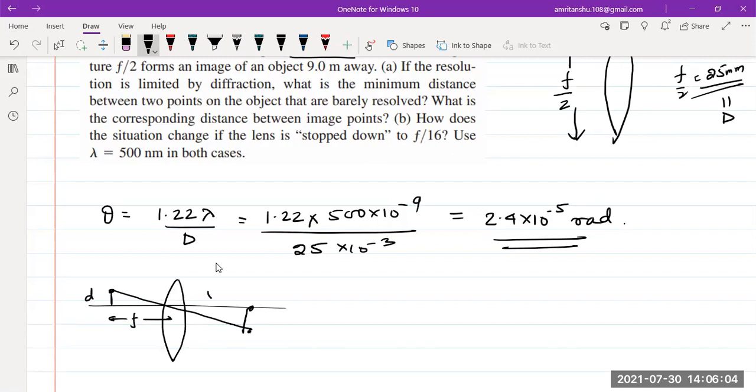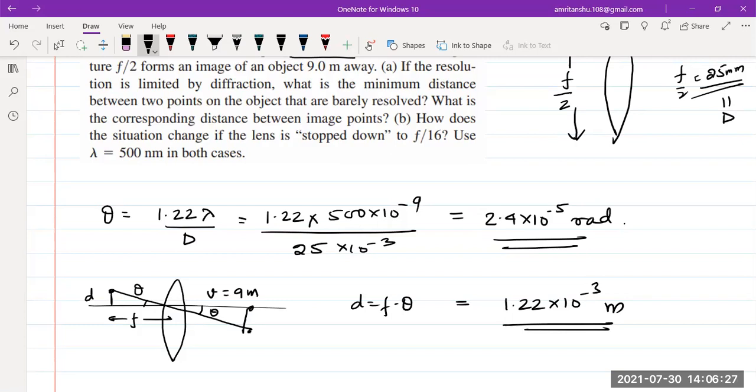This is given as v, which is 9 meters away. So this theta and this theta are the same. Using d equals f theta, you get f as 1.22 into 10 raised to minus 3 millimeters. Please try it yourself. You can simply put in the values and get this result.